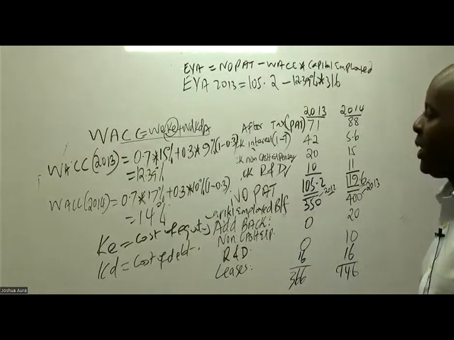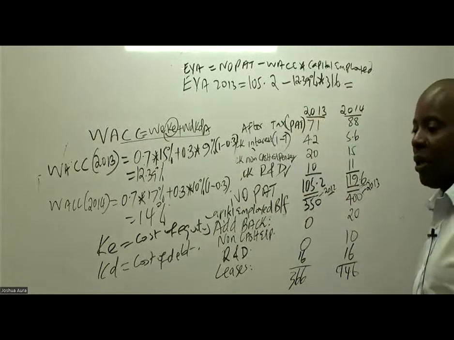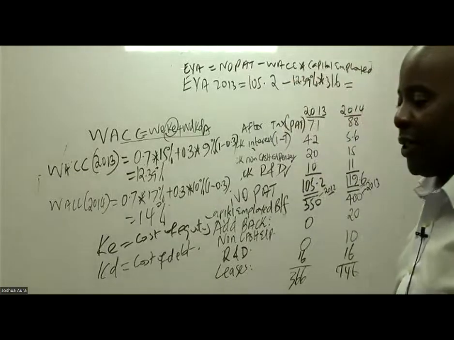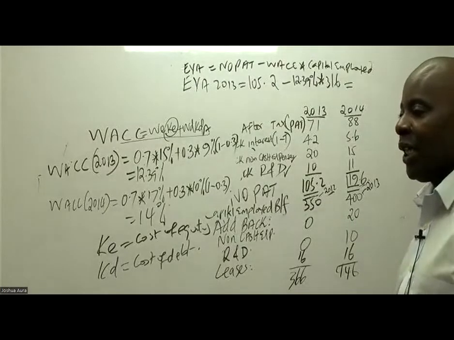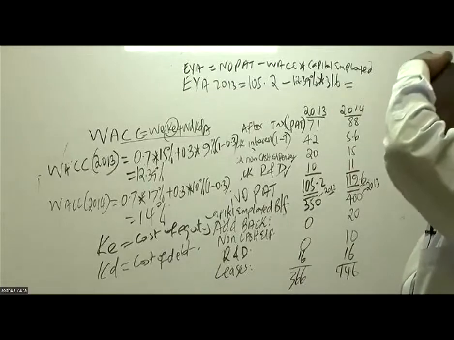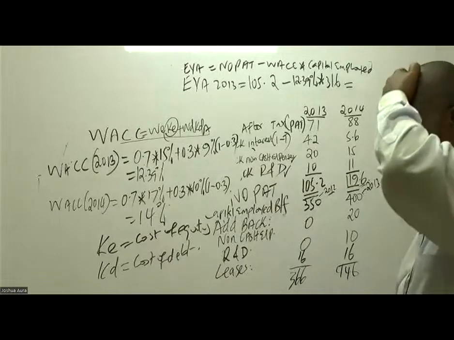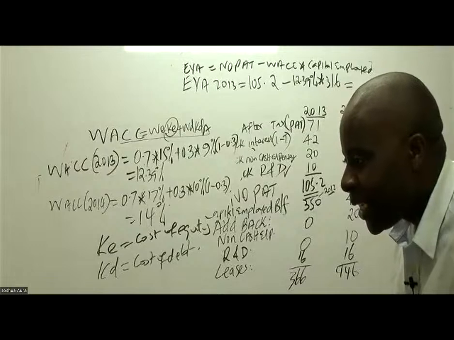So please ensure that you are able to use your calculator very well to give me the answer of EVA in 2013. What are we able to get? Doreen Gatui tells me 366.